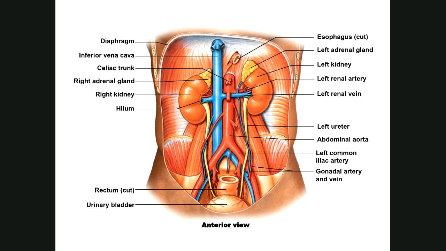They branch from the inferior vena cava, and they enter the kidney through the hilum, this narrow passage called the hilum. This is also where the ureter that will conduct the urine gets out from the kidney, reaching the urinary bladder.